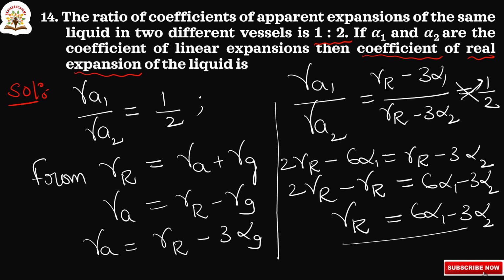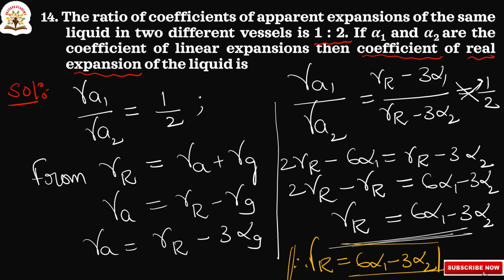This is the coefficient of real expansion of the liquid. So therefore gamma R is equals to 6 alpha 1 minus 3 alpha 2. This is the final answer. Okay. Next we will go to the next question.